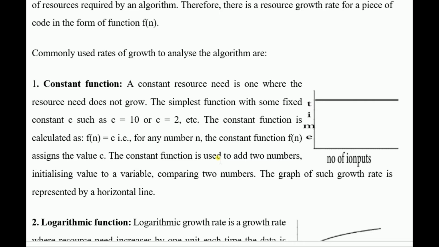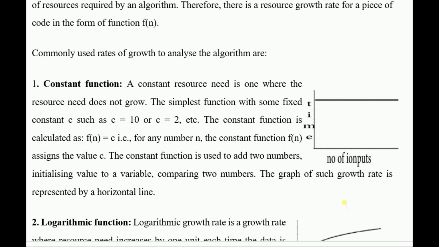That is, for any number n, the constant function f(n) assigns the value c. The constant function is used to add two numbers, initialize a value to a variable, or compare two numbers.